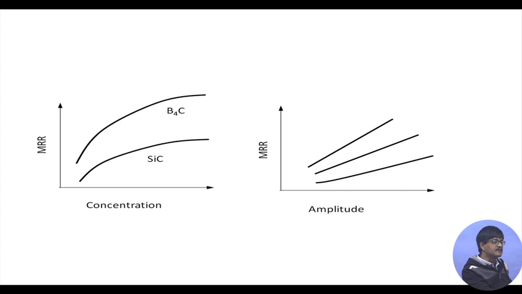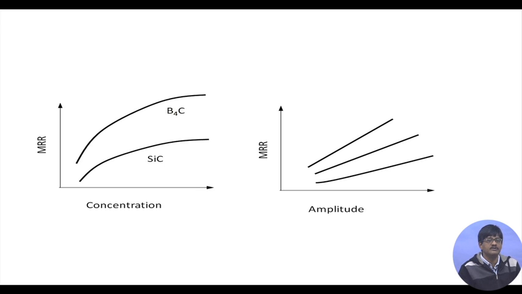For boron carbide and silicon carbide, with concentration we find that MRR is increasing, but after a certain stage it stops increasing. This is because MRR is proportional to concentration to the power 1/4, and therefore after a particular stage the increase in MRR with respect to concentration is not very significant, C to the power 1/4.